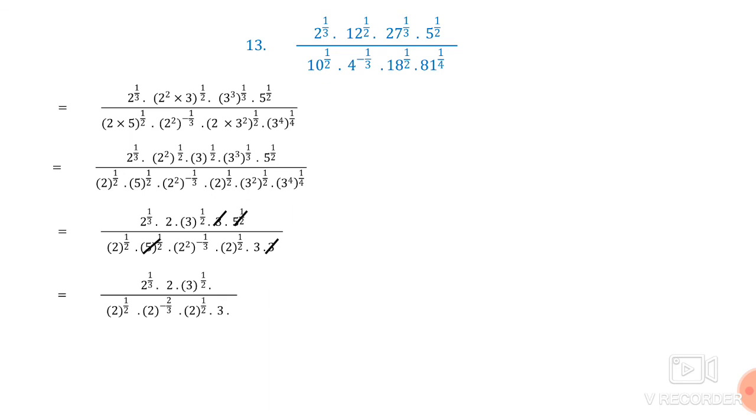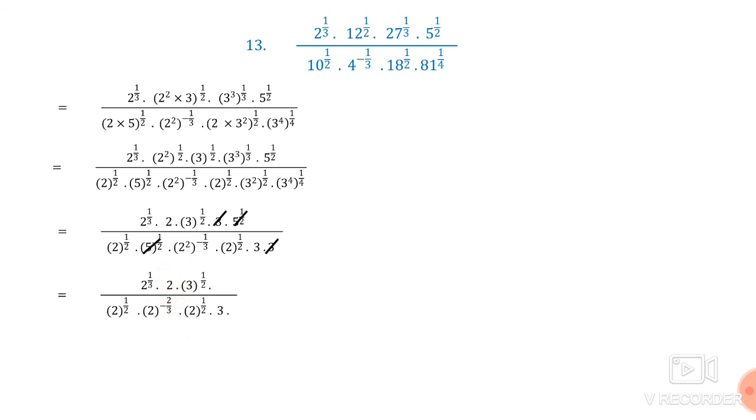Here we can see that we have some terms having 2 as the base, and we have some terms which have 3 as the base. So shifting all the terms from denominator into numerator. Instead of shifting it, we will first simplify the like terms of numerator and the like terms of denominator.